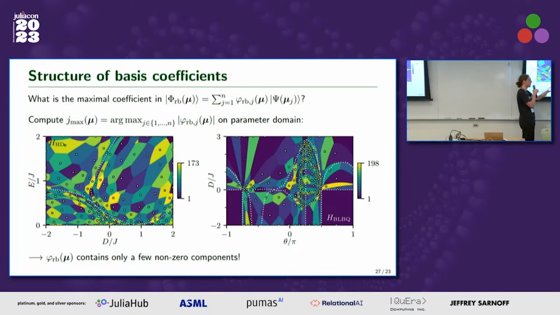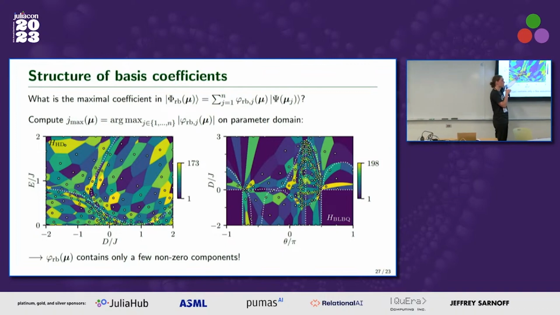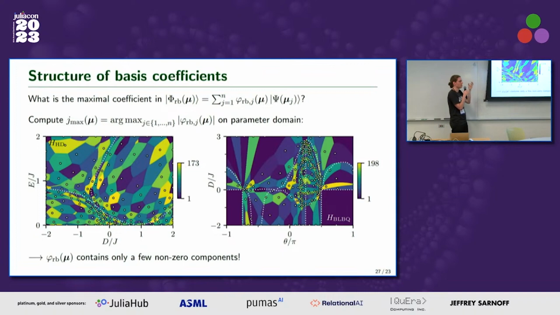So across phase transitions, you need ground states at both points to correctly resolve it. In that sense, you're right. But the cool thing is that this greedy technique, which selects the parameter points, tends to pick up on that. There's no guarantee, but it tends to pick up on the strong variation across phase boundaries. So it tends to sample both sides, and then you can interpolate between them. Okay, cool.